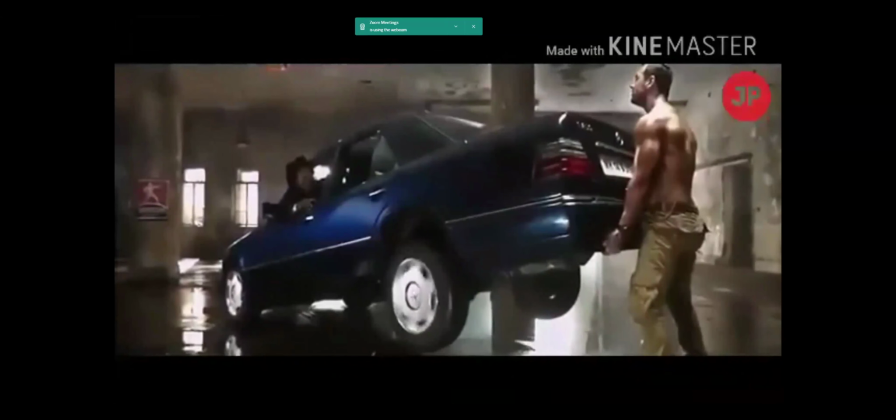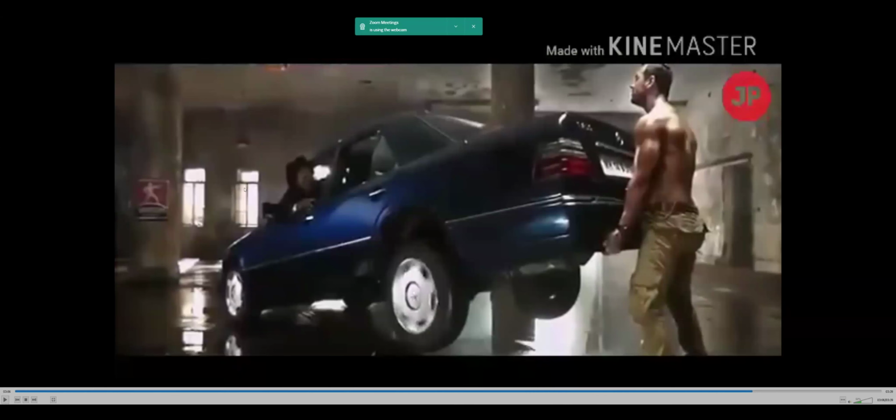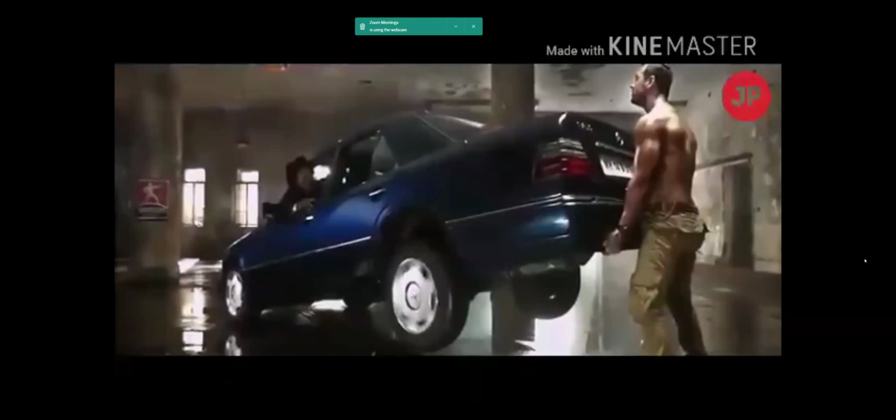There, this is what he does. This is what I was saying. When he lifts the car, see how the back wheel rotates. So no matter how much you accelerate, only the back wheels will rotate. The front wheels don't have any engine. The car will just stay at the same place.